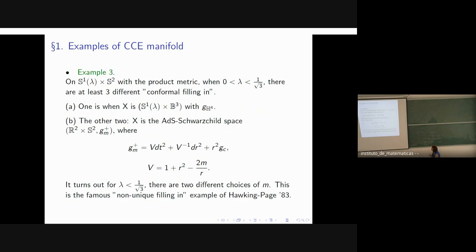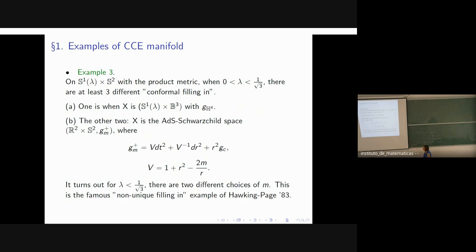But it turns out that for other lambda, there is another way of filling in. That is, you keep S^2 and fill in with D^2, and S^1_lambda becomes the ball, so it can become B^2 cross S^2. You fill in the S^1 part. And then in that case, you have this famous AdS Schwarzschild space, which I write down.